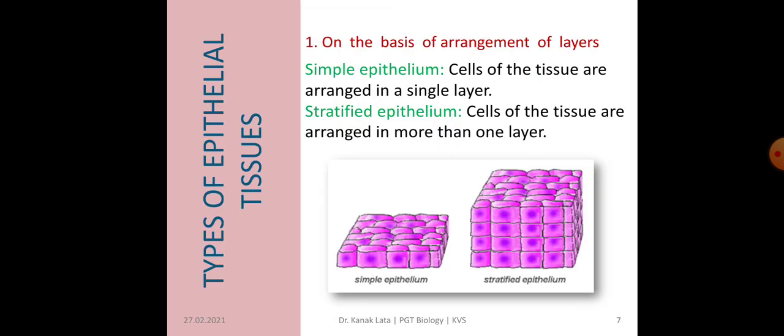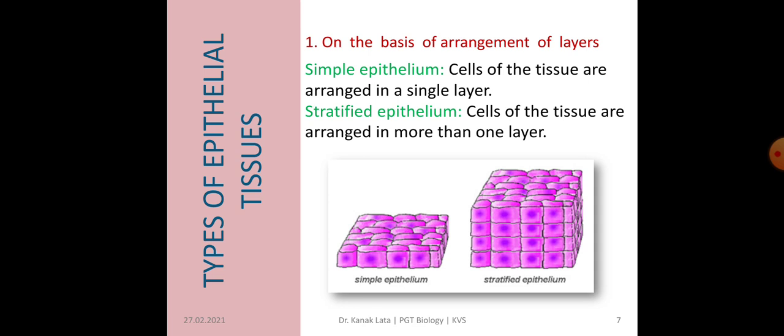Now first, classification based on arrangement of layers. Two types: simple epithelium and stratified epithelium. Simple epithelium means cells of the tissues are arranged in a single layer. So whenever there is a single layer, it is called simple epithelium.